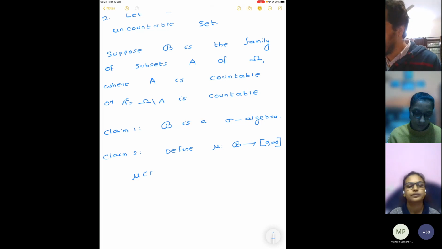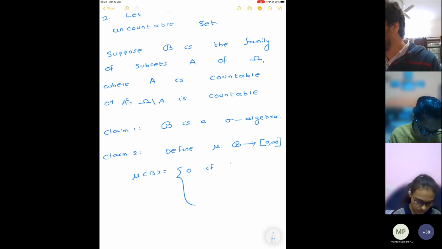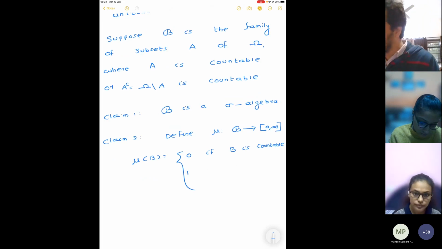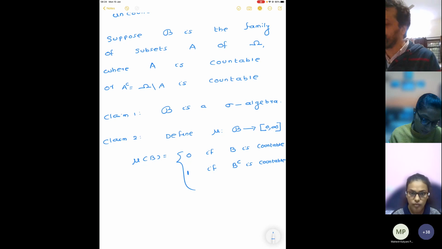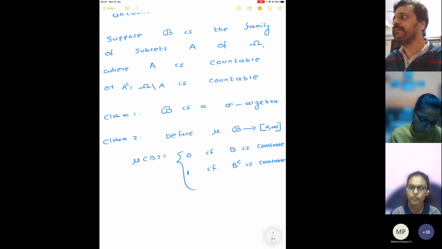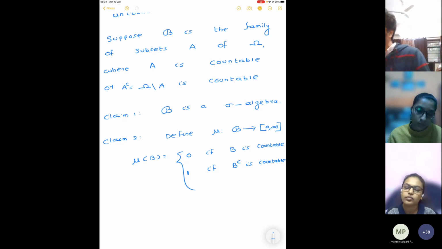How do I define it? Mu of B is 0 if B is countable. The element B belonging to script B is countable. And I will define it as 1 if B complement is countable. Those are the only two possibilities. By the very definition of script B, if I pick a B in B, either B will be countable or B complement will be countable.